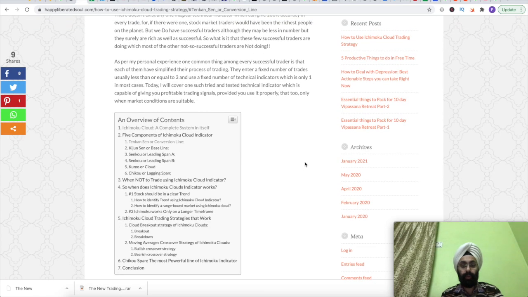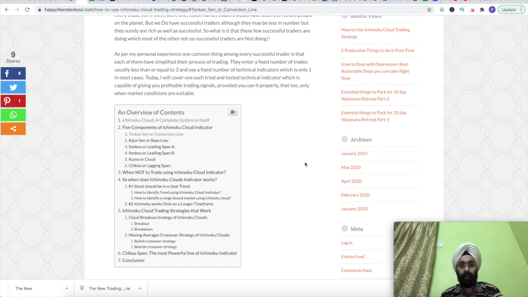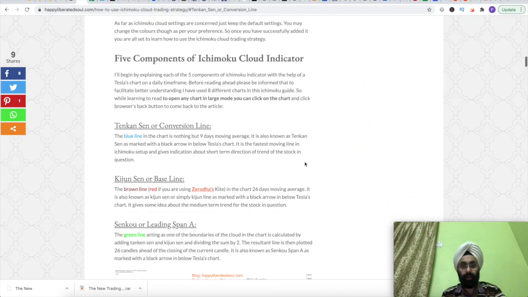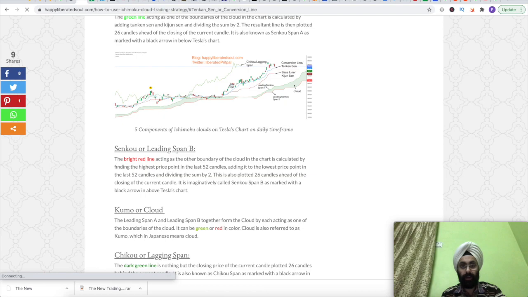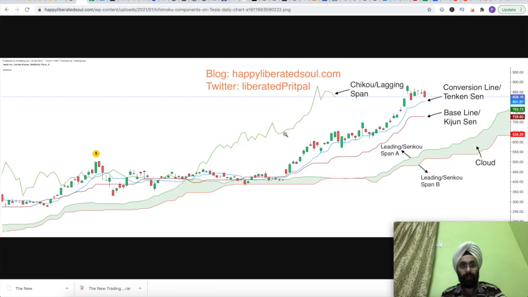So today is the first video in this series, and I will talk about a little bit of background of the Ichimoku cloud indicator, and then I will talk about its components, so that you are able to understand the structure, because if I look at this chart, this is a Tesla chart on a daily time frame.